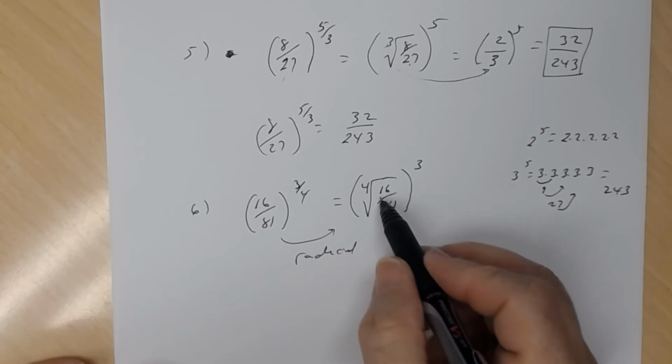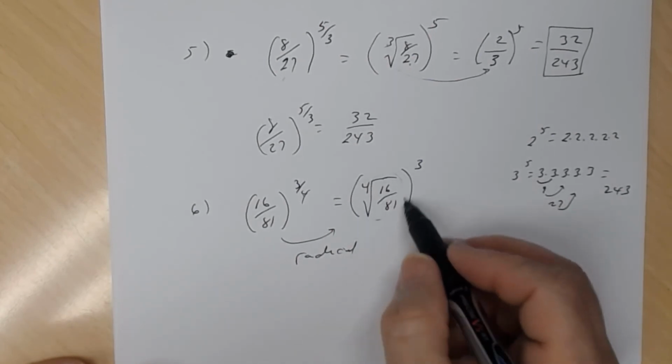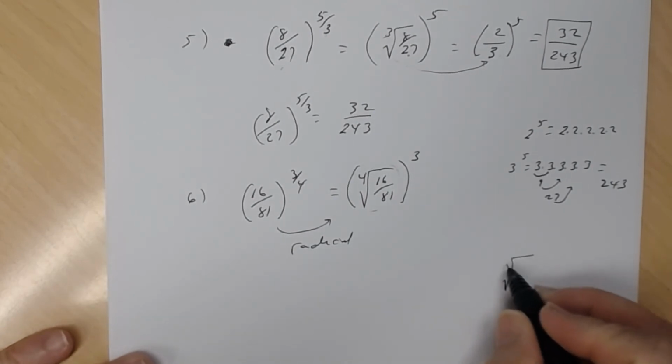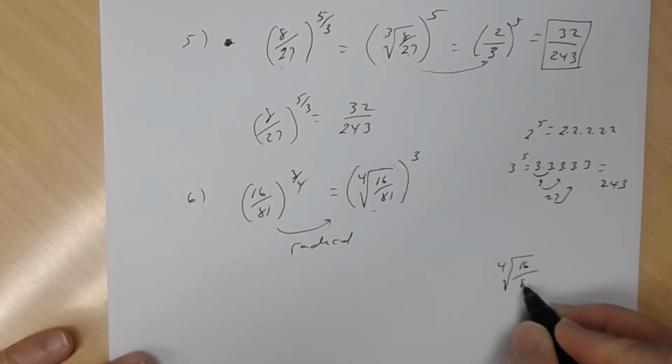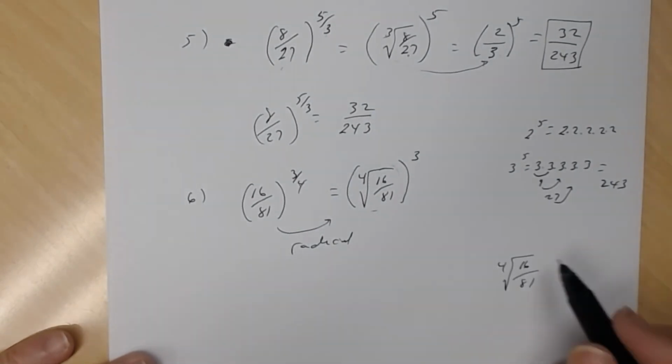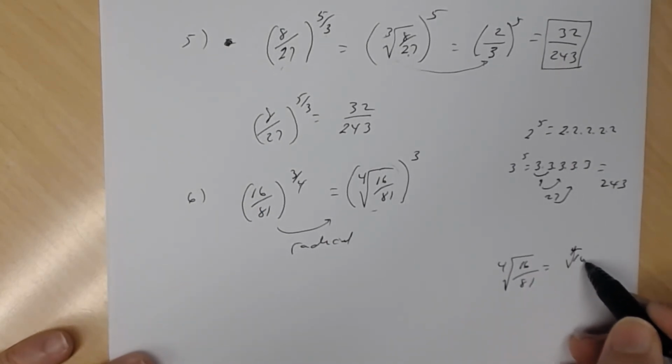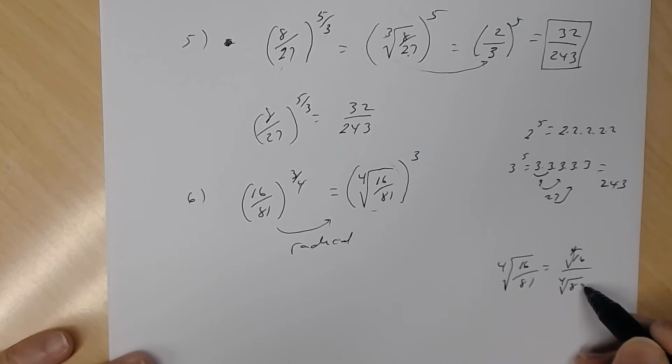So what we do now is simplify this part. I go off to the side if you need to, and simplify the 4th root of 16 over 81. So the 4th root of 16 divided by the 4th root of 81.